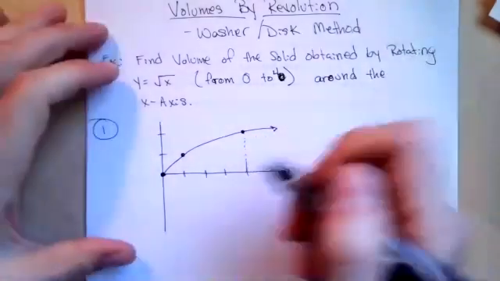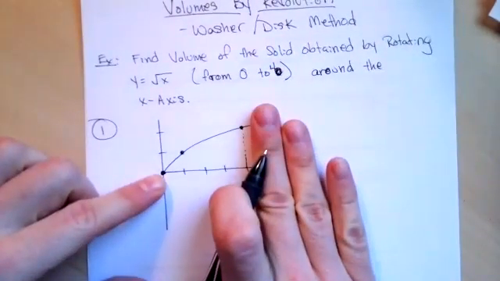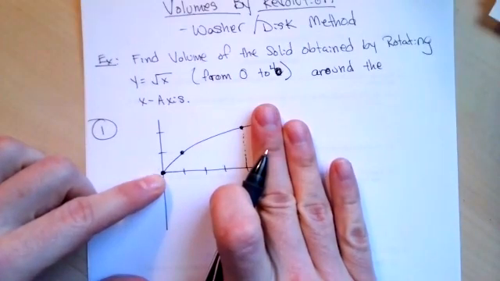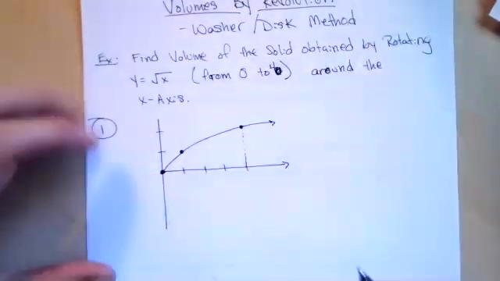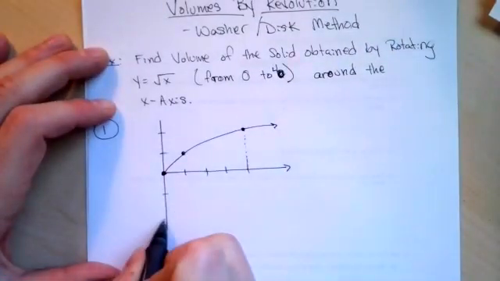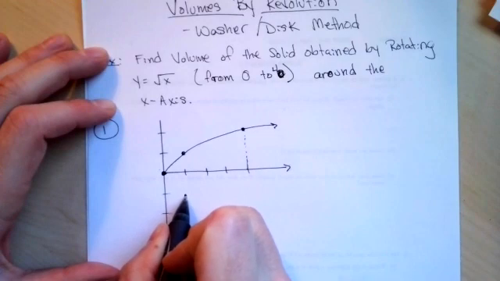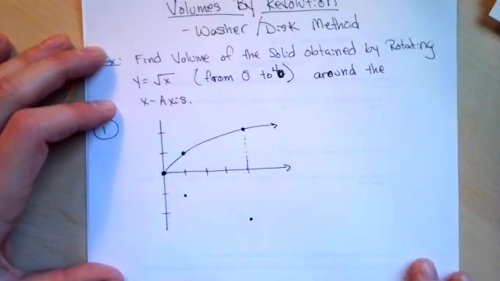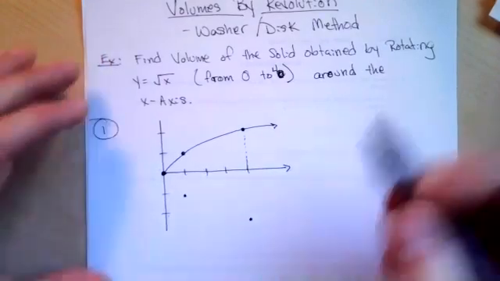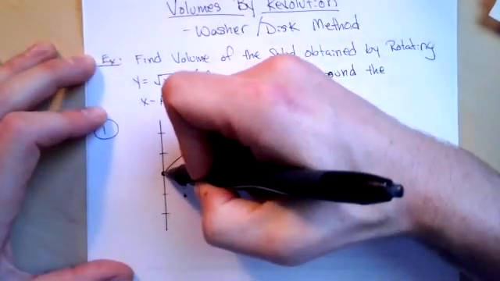And then what are we doing? So we're taking this parabola, this piece of the parabola, or sideways parabola, and we are rotating it about the x-axis. So what we're going to have is this cone shape, this parabolic cone.